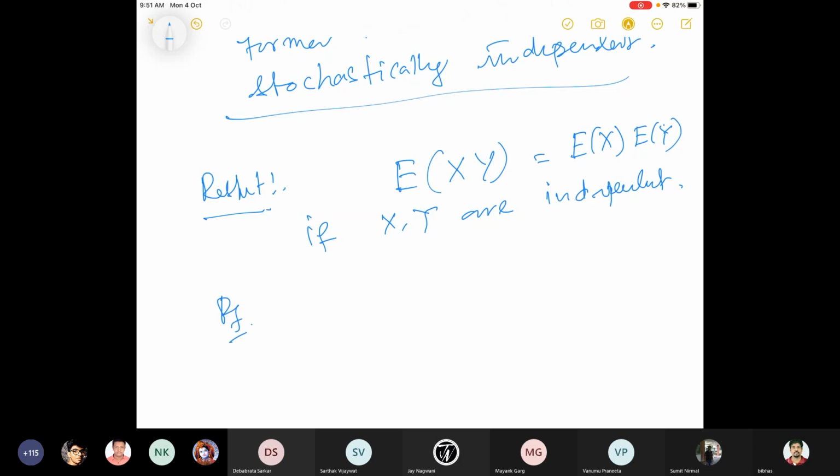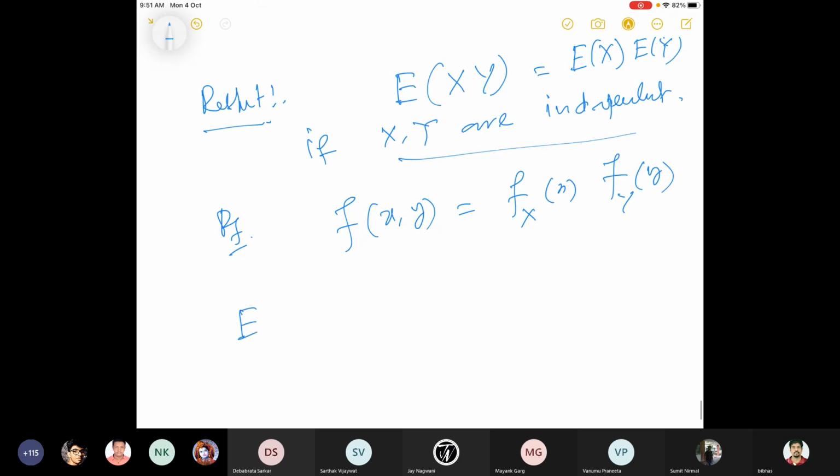See, if they are independent, then the joint PDF can be written as f of x times f of y, the product of the corresponding marginals. Then what happens? E of xy, according to the formula, is the integral from minus infinity to infinity of xy times f of xy.